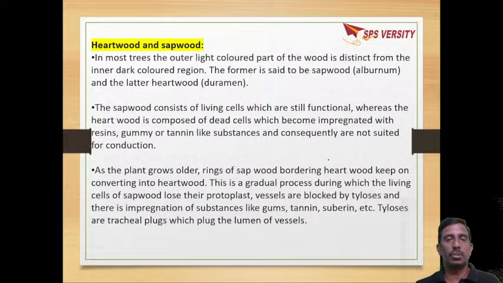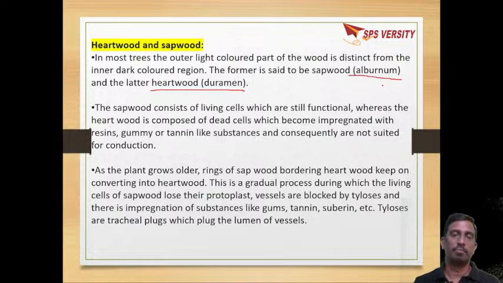So dark colored wood, heartwood, present towards the center of the stem, इसको क्या बोलते हैं कि duramen, और sapwood का alternate नाम alburnum. So sapwood में living cells रहता, still functional. Functional means which can conduct water and minerals.